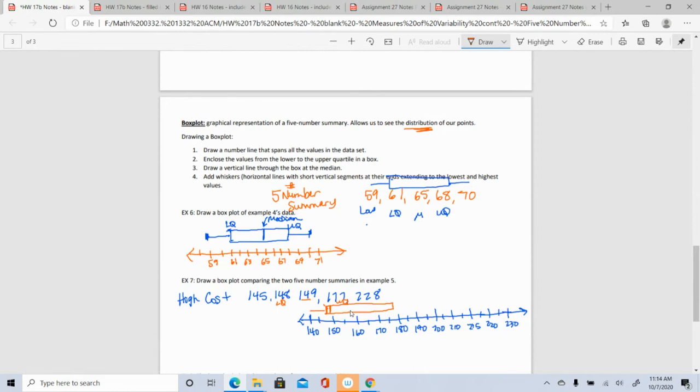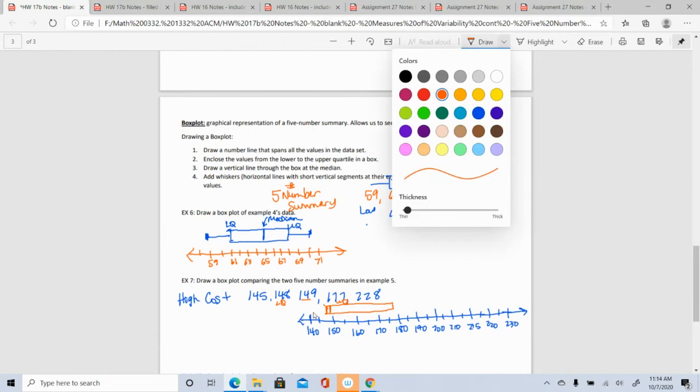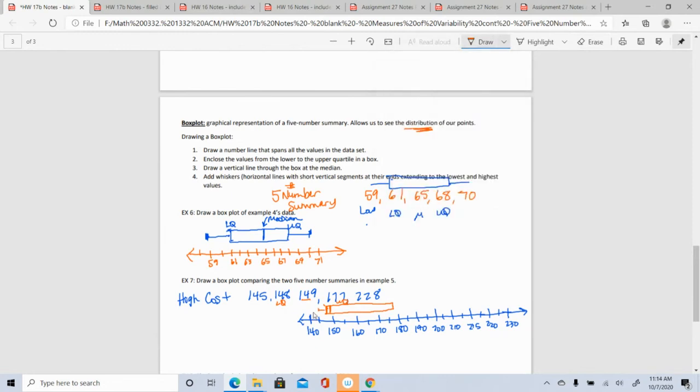And then this is just going to go to 145, which is right here. So we've got a short little whisker on this side. And then we're going to go all the way to 228 here.